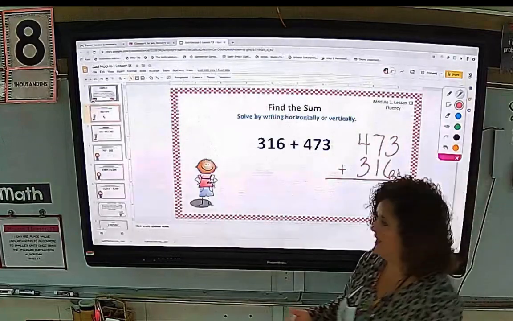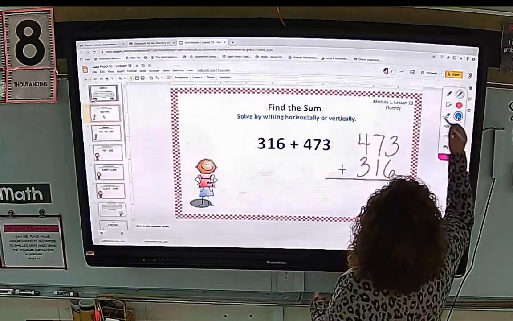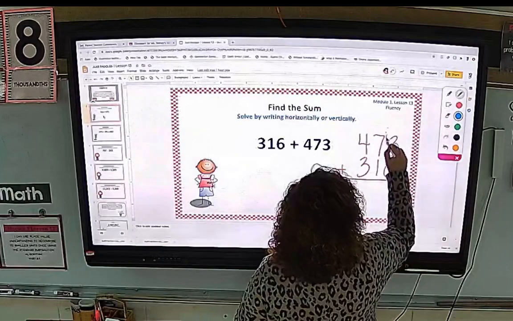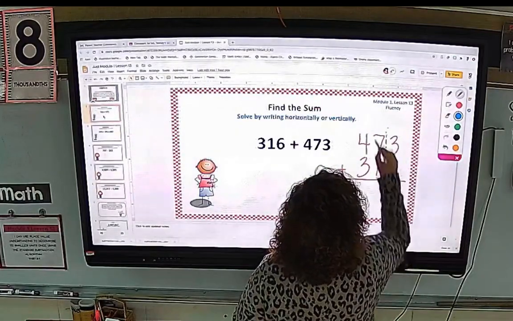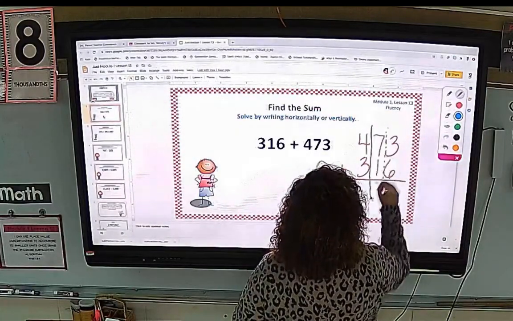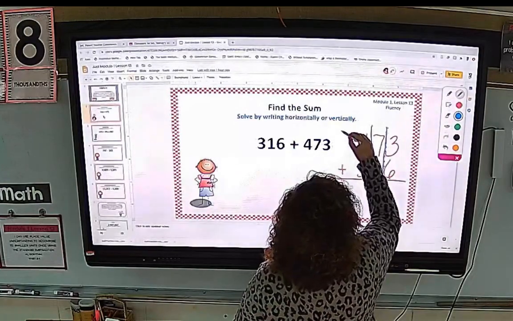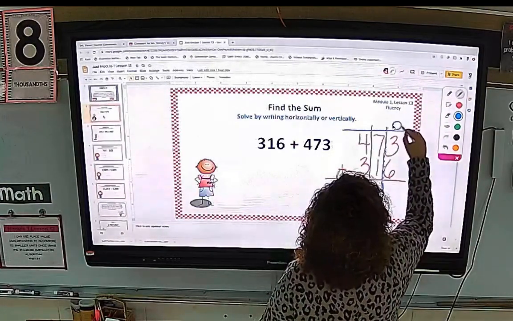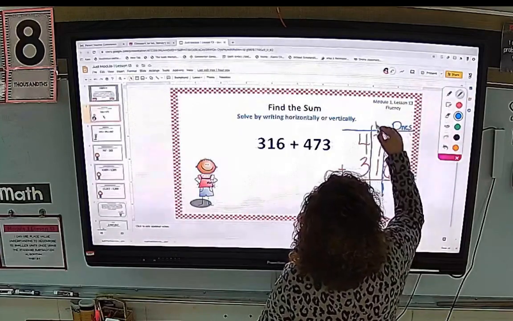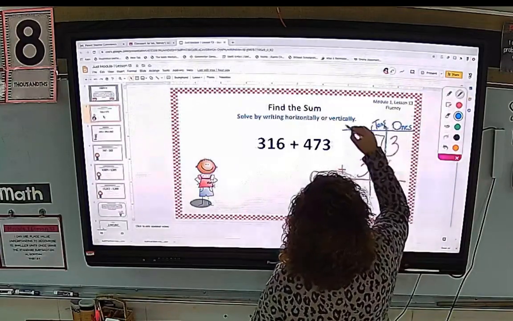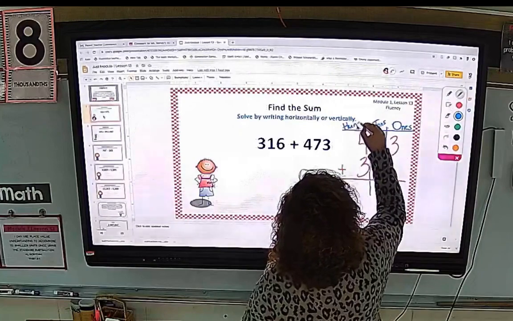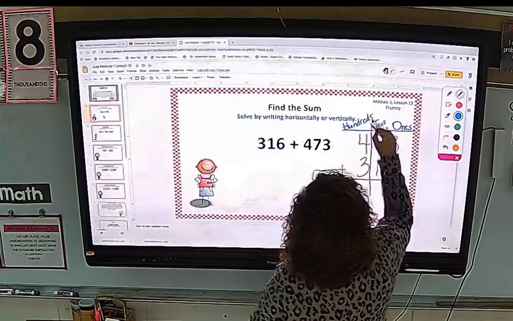And in what we're doing today, it's almost helpful to imagine. No, I'm just going to draw lines because sometimes those dotted lines make it look even messier. But if we remember, this is the ones, and this is the tens, and the hundreds.